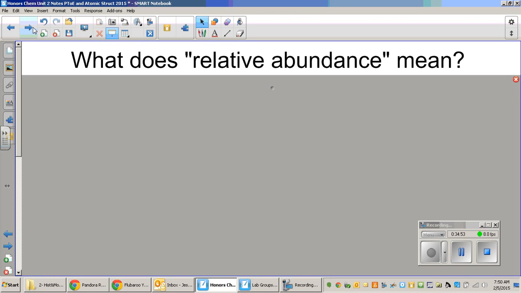So of all the fluorine atoms in the world, what do you think is the majority player here? Ones that weigh 19. There's going to be a couple that weigh 20, a couple that weigh 18, but you're looking at the majority. So of all the zinc atoms in the world, what do you think are some of the masses?